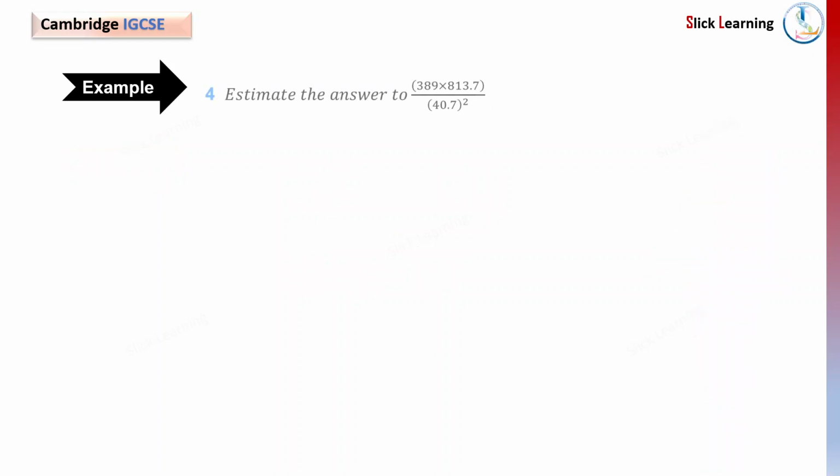Let's see the next one. Here you have to estimate the answer. The first number has 3 significant figures and the next one has 4. So 389 is near to one significant figure, that is 400. The next one, 813.7, is near to 800, and in the denominator, 40.7 is near to 40.